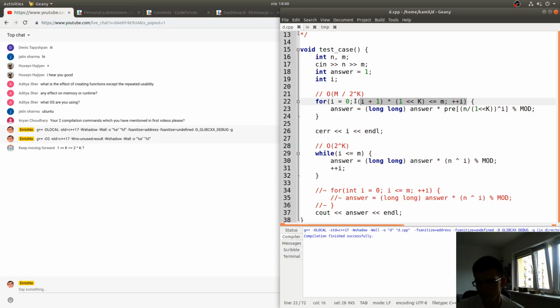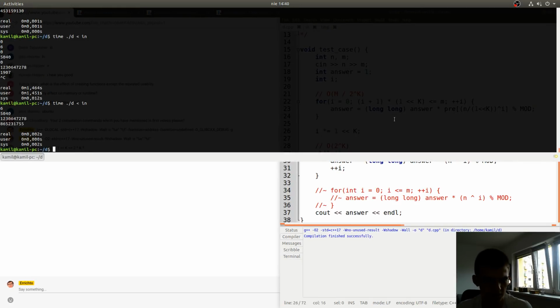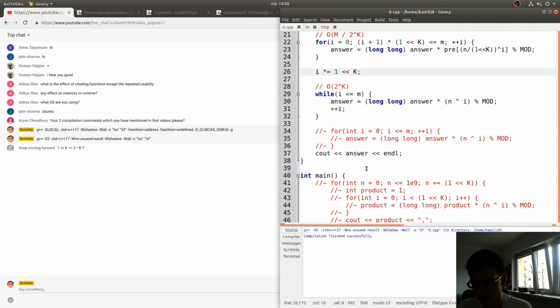Here I only changed i by 1, so I meant the number of jumps by 1 million that I already made. And so here I shouldn't use i, I should multiply it by 2 power k. And let's see. Now it's incredibly fast. It's like milliseconds.